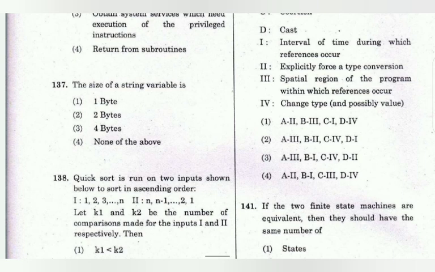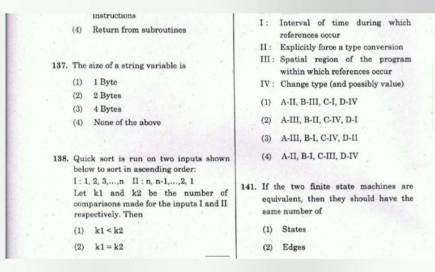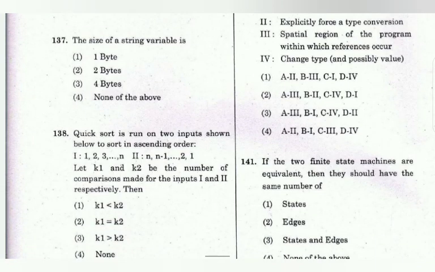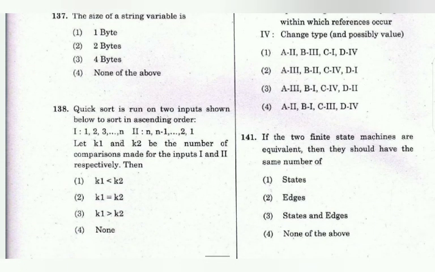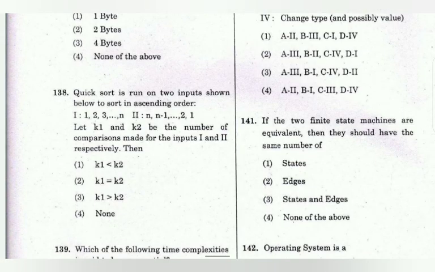Quicksort comparisons for different inputs. So given two inputs here, 1 to n and n to 1. Let k1 and k2 be the number of comparisons made for inputs 1 and 2 respectively. Then what will happen? Quicksort's performance is dependent on the pivot selection and input order. The best case, that is balanced partition in quicksort, is big O of n log n, and worst case is big O of n square.